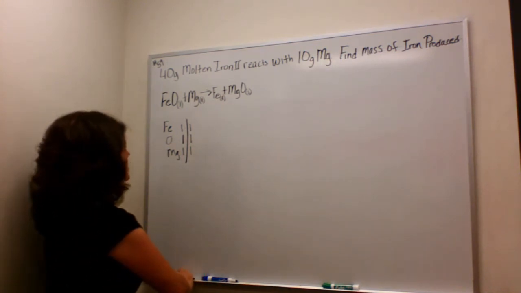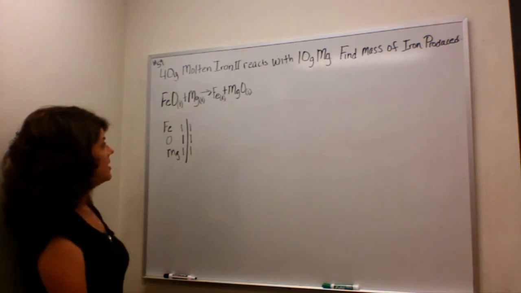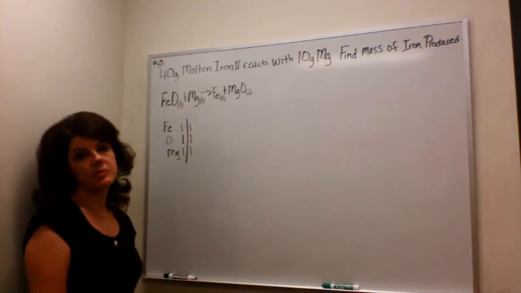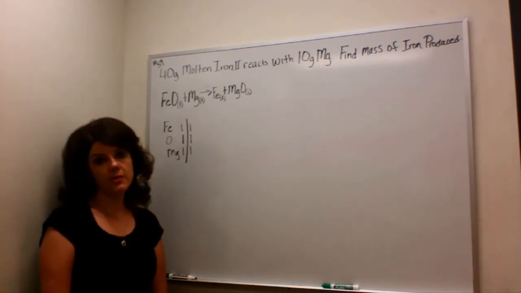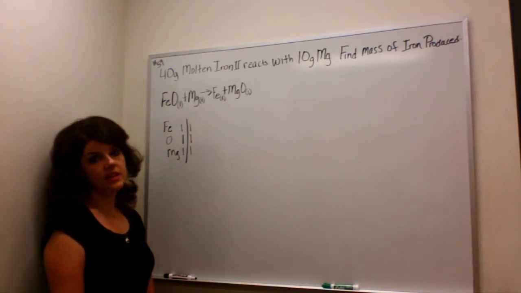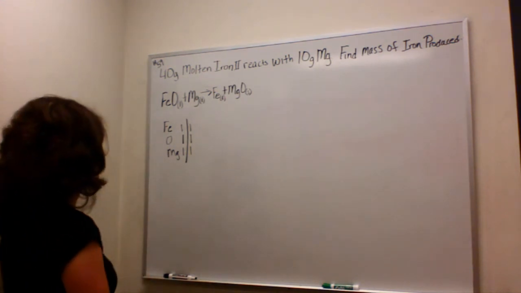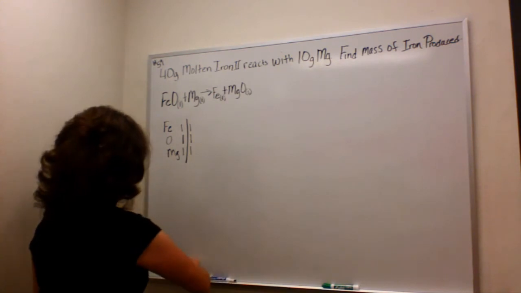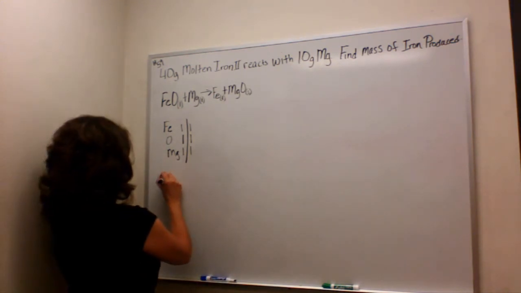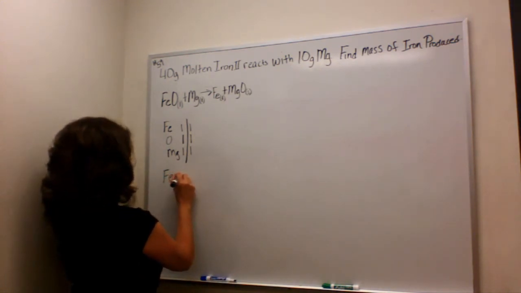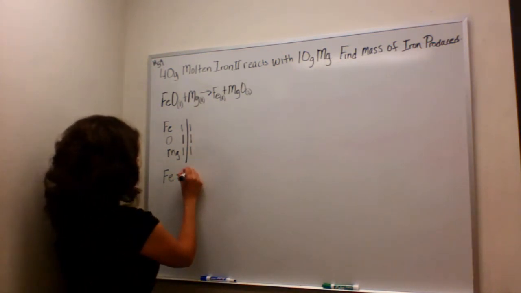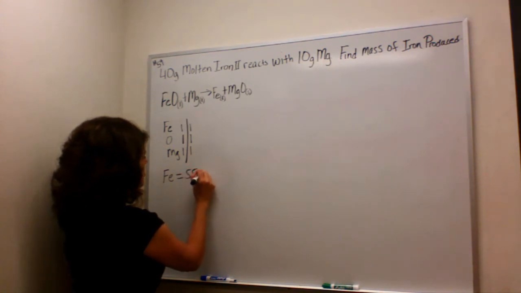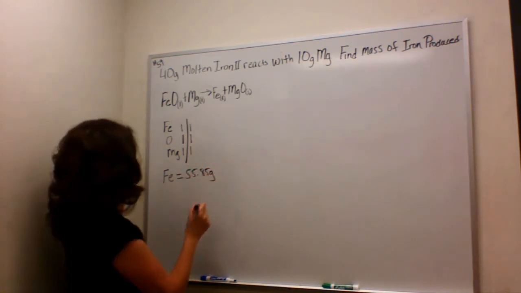The second thing I'm going to do is establish my reference points from the beginning, which is to determine the mass of each element that we're working with so that we can convert that to moles. The first element we're going to look at from the periodic table is iron, which is equivalent to 55.85 grams.